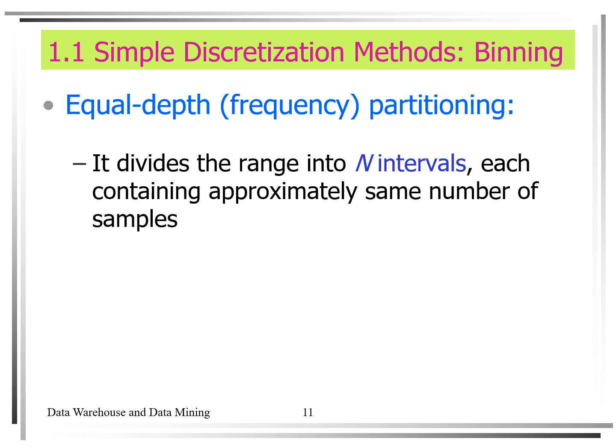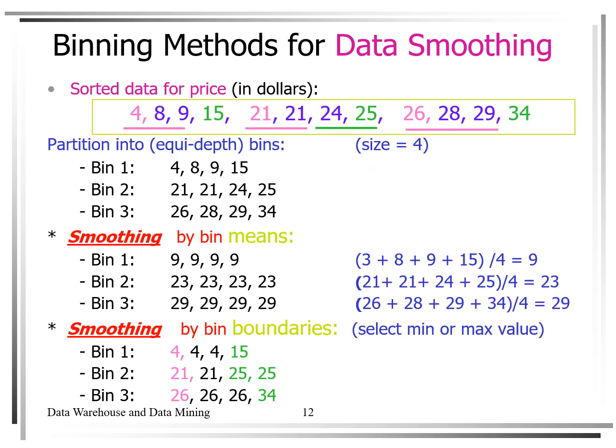Equal width means that we will have intervals that are equal, but it does not guarantee that the number of values within the bins will be the same. However, equal depth means that we will have the same number of values within the bins. This will make it clearer.